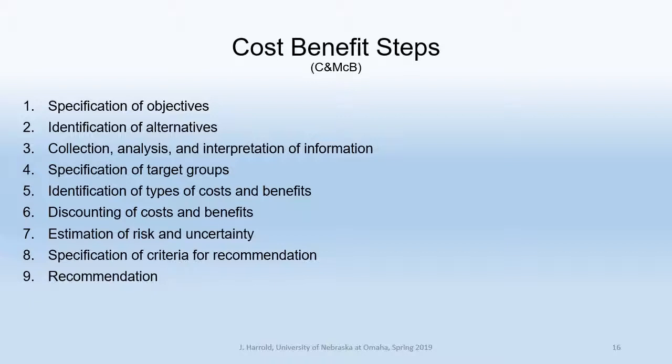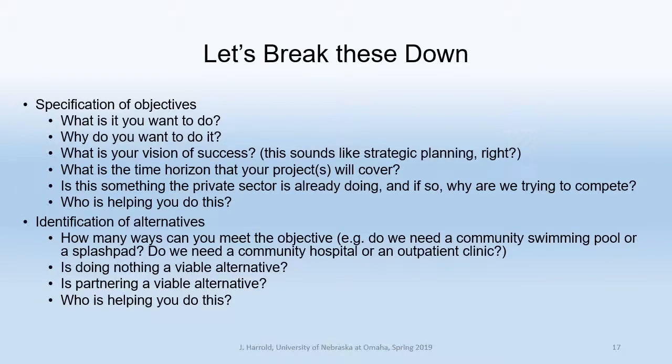But if you look at these 9 steps, you see that this is really kind of similar to the 8-step approach that Bardach talks about in terms of policy analysis in general, isn't it? So again, cost-benefit analysis, like the Bardach text in policy analysis, is really just a way of thinking through a problem. So let's break these down.